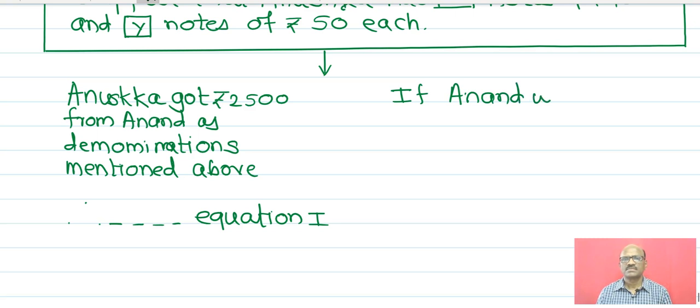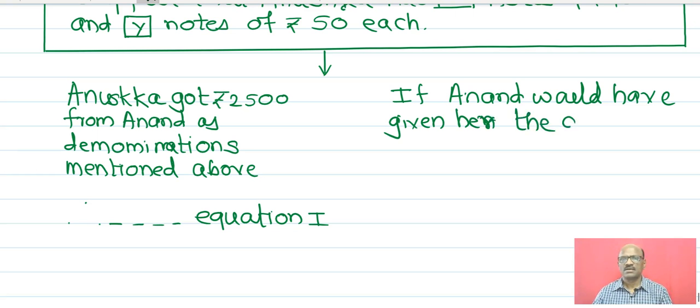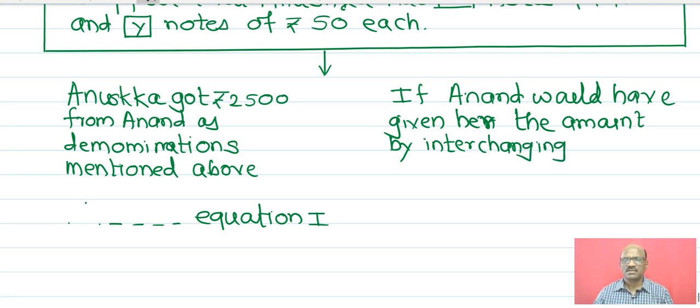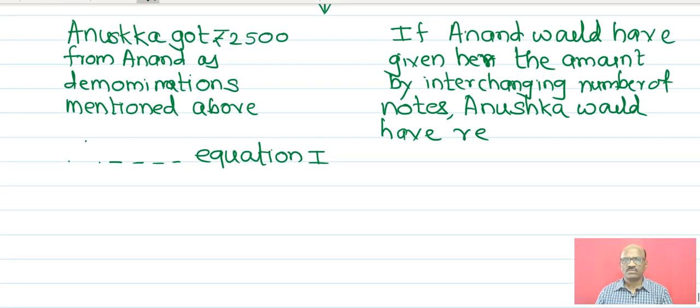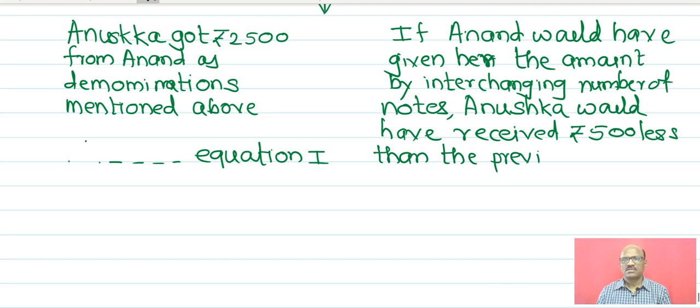If Anand would have given her the amount by interchanging the number of notes, Anushka would have received, suppose the number of notes are interchanged, then what will happen, she would have received ₹500 less than before.